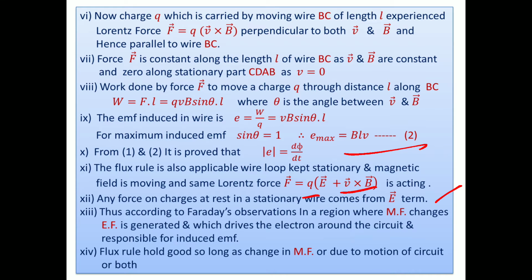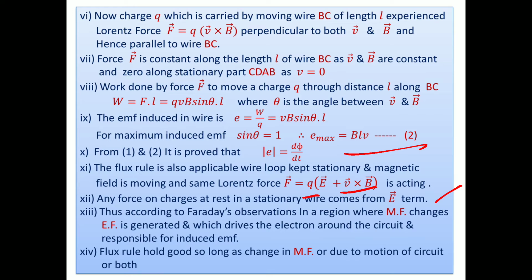According to Faraday, a Lorentz force is acting on the electrons or charges present inside the wire, and because of this force they move, and we say that current is set up or EMF is induced. The flux rule holds good so long as there is a change in magnetic field or motion of the circuit.